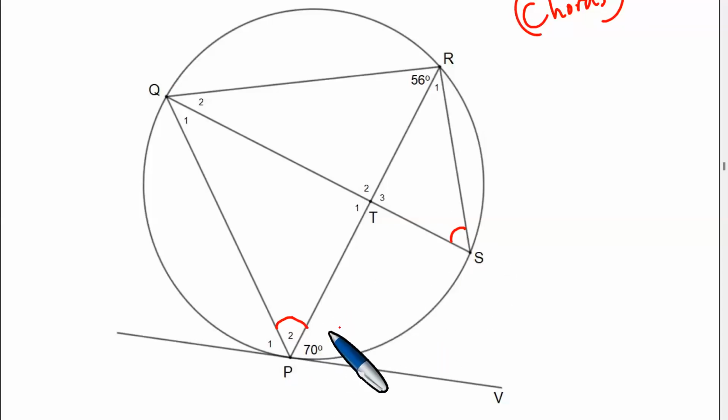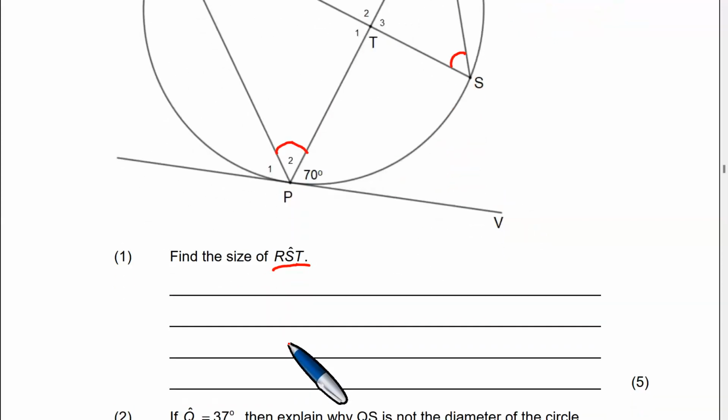With that said, the first thing we need to realize is that the angle they want, RST, is equal to the angle P2. So we write that statement down. Angle RST is equal to angle P2.